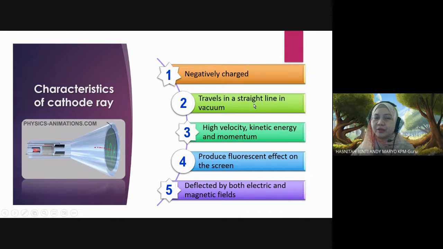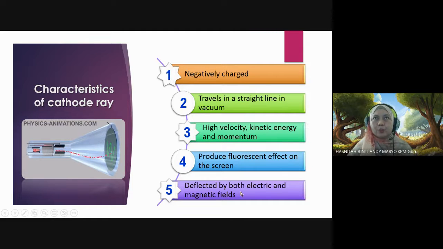Third, they travel at high velocity, high kinetic energy, and high momentum. Number 4, they produce fluorescent effect on the screen of the cathode ray tube. And number 5, they will show deflection in both electric field and magnetic field.